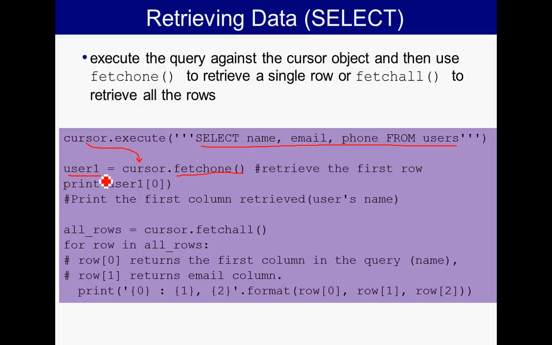So user1, this variable holds the first row, first record of that returning table. The returning table is nothing but the SQL statement. If I want to access the first column of the first row, then that is this. At the same time, we could fetch all, not one record at a time, but hold all the records.